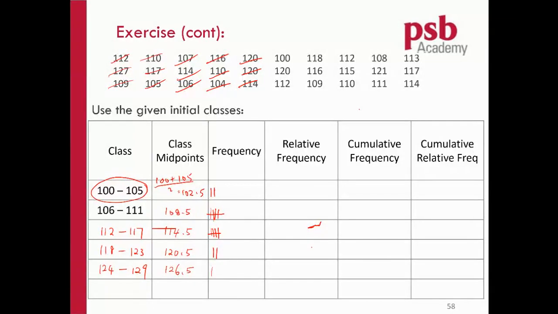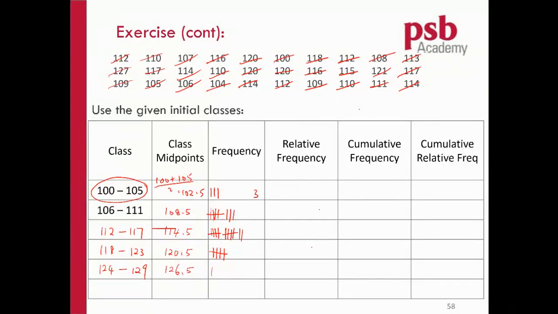Okay, 1, 2, 3, 4, 5. 100 here. 120 here. 112 here. 118 here. 116 here. 109 here. 112 here. 115 here. 110 is here. 108 here. 121 here. 111, 113, 117, 114. Okay, now you count.